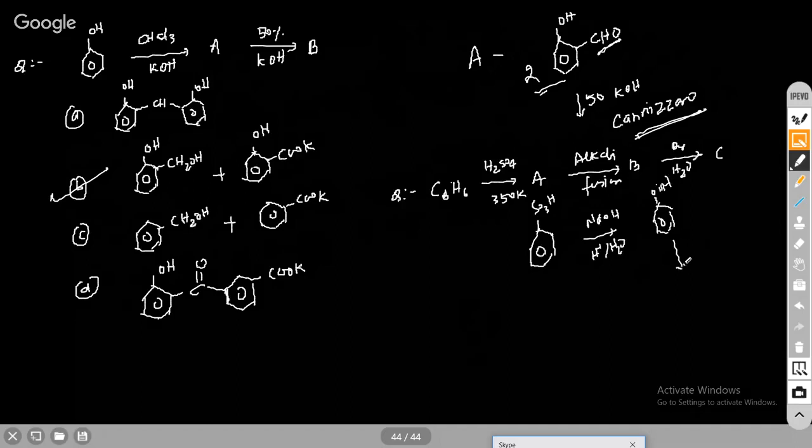Now when this phenol reacts with Br2 and H2O, then all these Br will attach here, here, and here. 2,4,6 tribromophenol. These are direct questions. Understood?